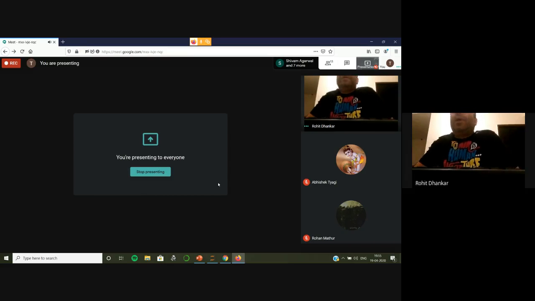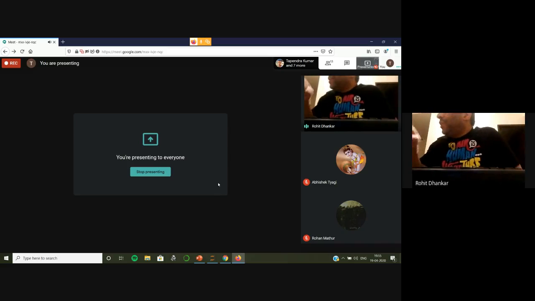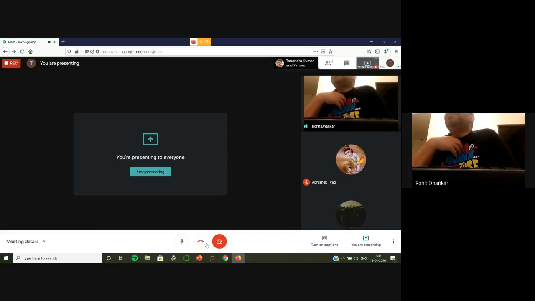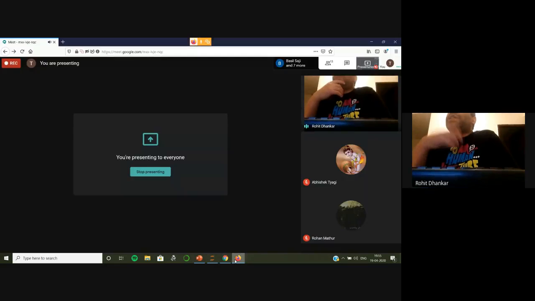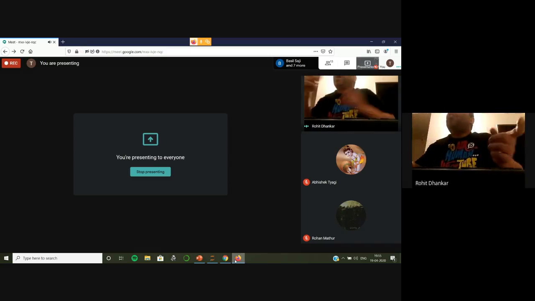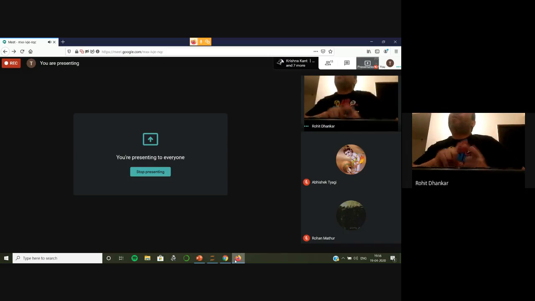So my question is again the same thing. I understand mean. If you give me a number of observations, I can take out the mean, median, mode. Those things I understand. How do I relate it to covariance?